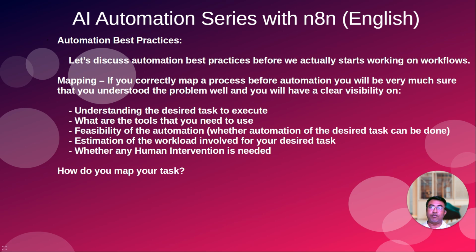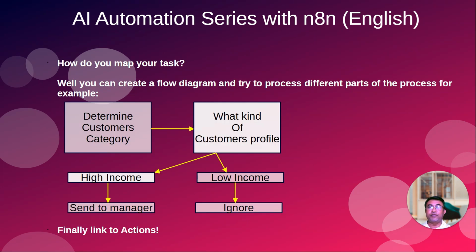Now, how do you map your task? The best way is to draw some kind of flow diagram, say on pen and paper. For example, determine the customer category. What kind of customer profile does the management want?